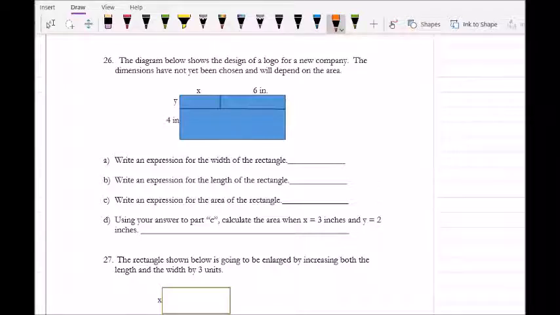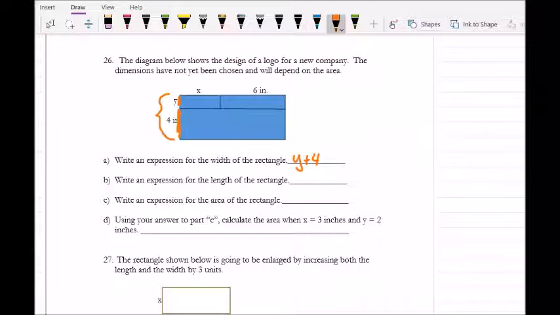Okay, so the width of the rectangle would go from here all the way to here. So that would be a combination of y and 4. Now we're not multiplying those because all we're doing is combining this piece with this piece to make a full length. So that would be y plus 4.